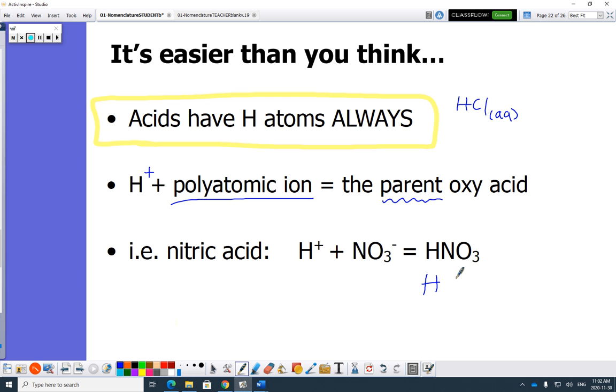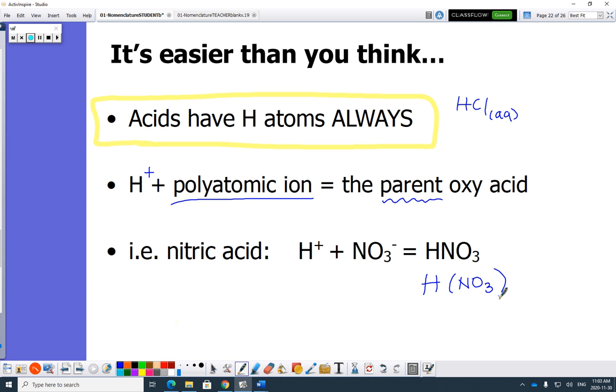Same thing with polyatomic ions. If you would prefer to always keep it in a bracket, that's totally fine. It's really up to you.